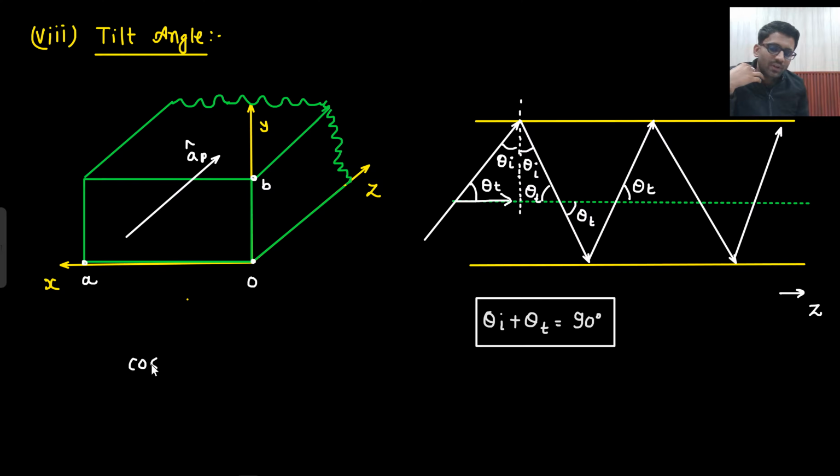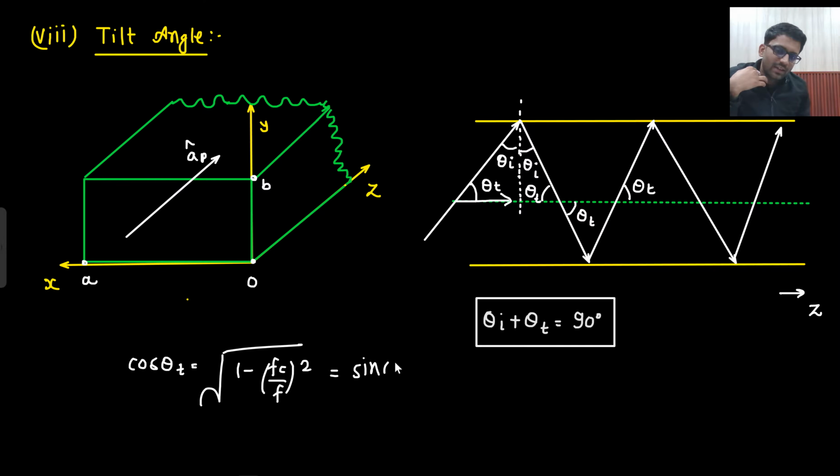What you need to remember: cos theta t is equal to under root 1 minus (fc by f) whole square, and that is equal to sin theta i. Because in place of theta t you can put 90 minus theta i, so that becomes sin theta i.